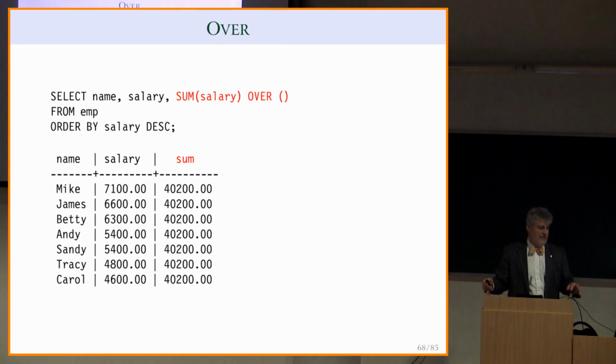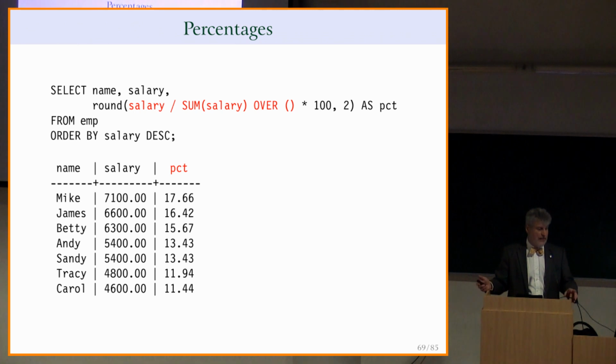Now you might think that's not very useful, but you could do this. You could say sum over everything, which gives me the sum of everyone, but also divide the salary by that sum. Now for each employee, I can see what percentage of the total salary they are.